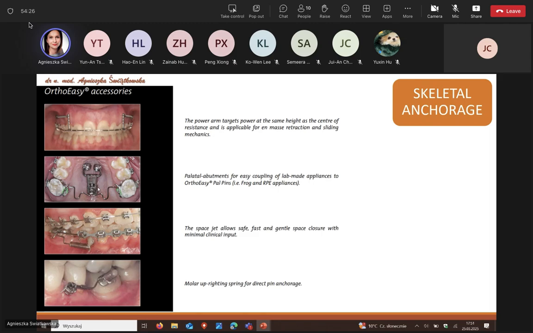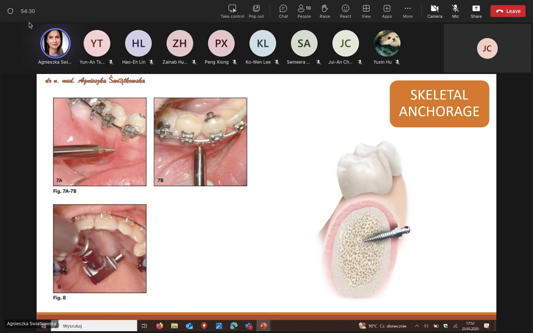This is a frog appliance for distalization, and here you can see how the micro screw could be inserted. Nowadays we don't do it like you see here.